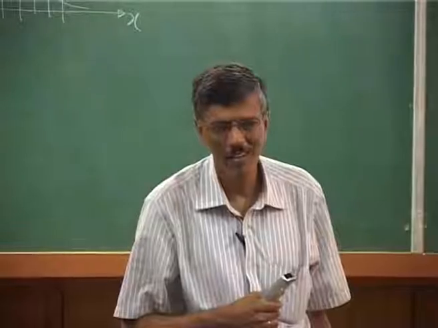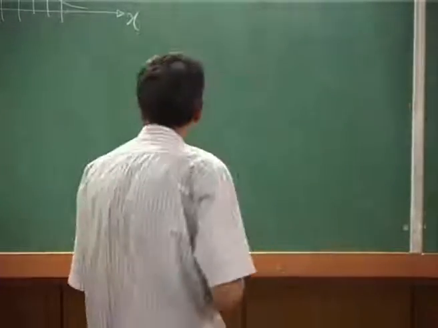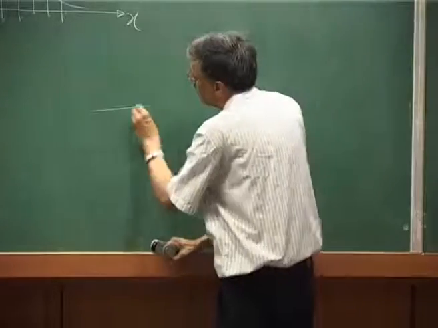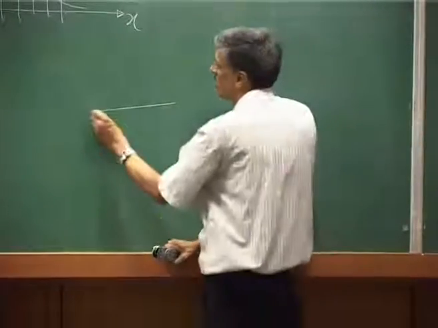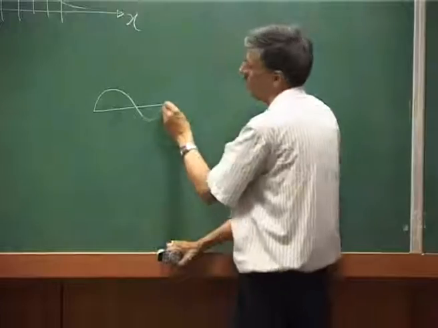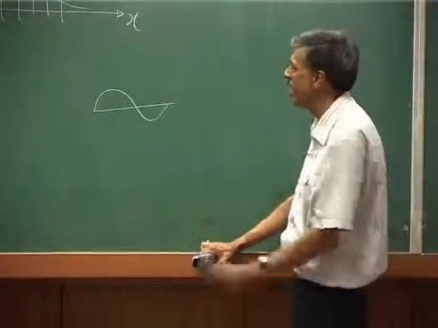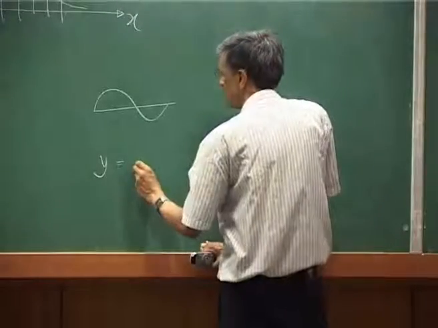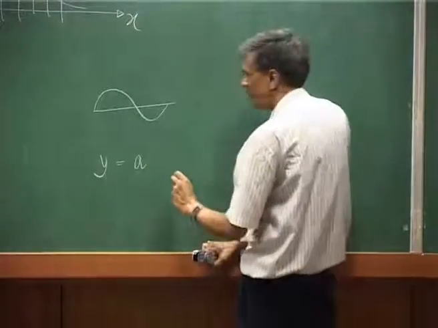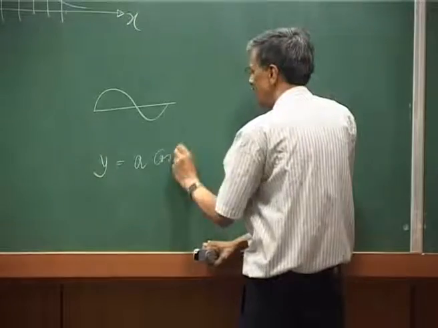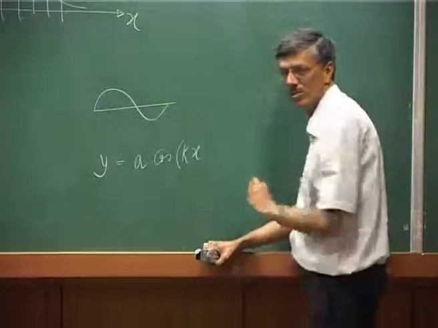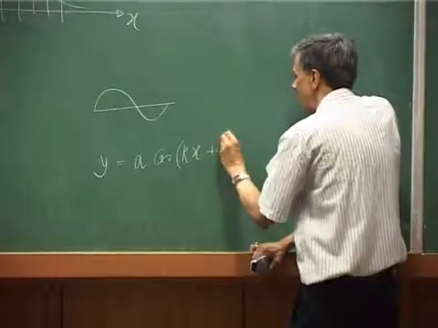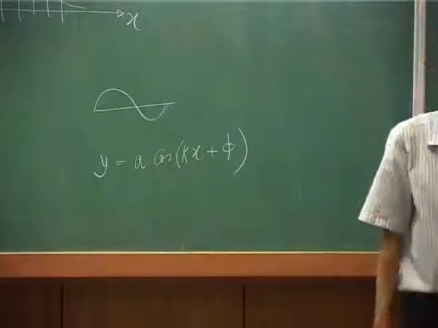Yeah. So, what we are saying is that if I want to adequately describe a wave, so let us say this is the wave. So, how do I define a wave? Let us say the amplitude, then I define its phase, and it could also have a phase shift.